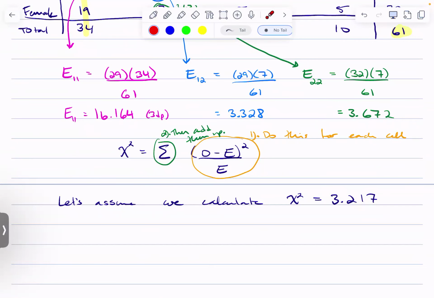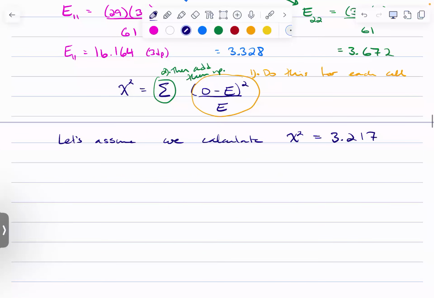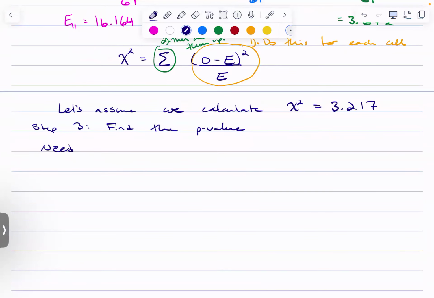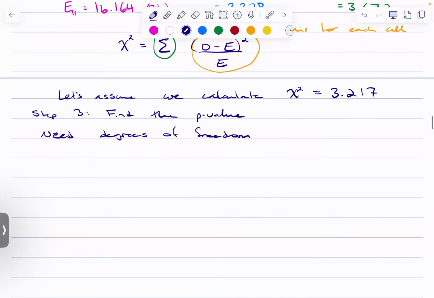We need to find the degrees of freedom. Step 3 is find the p-value. We need the degrees of freedom. The degrees of freedom from your formula sheet is the number of rows minus 1 times the number of columns minus 1.